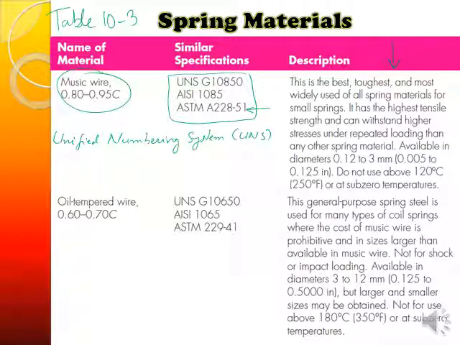That's what the UNS means. And then from this is the series over here, and each series belongs to various metal types. So G from G00001 to G99999 is carbon and alloy steel.